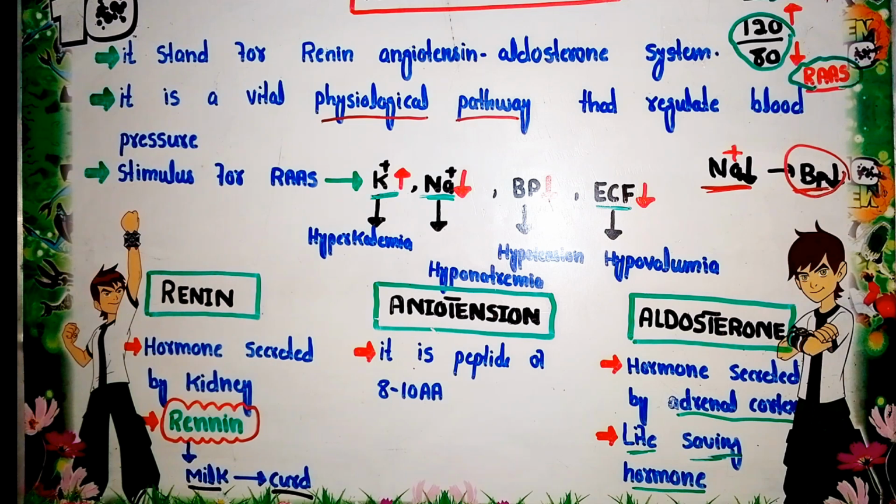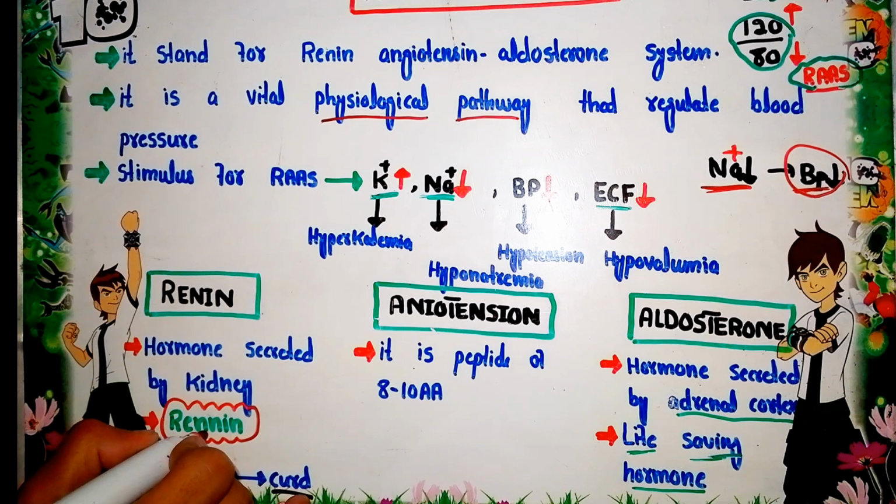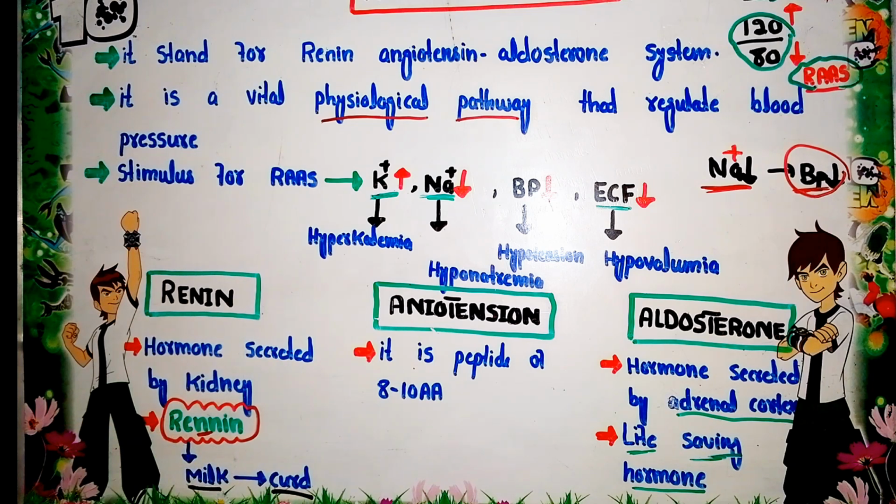Although both of these terms are pronounced similarly, there is a difference in the spelling. Here there is 2 N's, and this is the enzyme found in the stomach of children, and its basic action is to convert milk into curds, while renin plays an important role in the regulation of blood pressure.